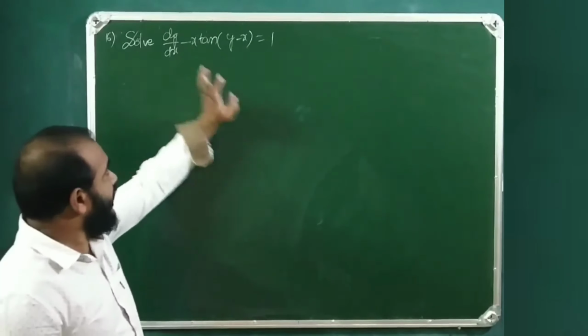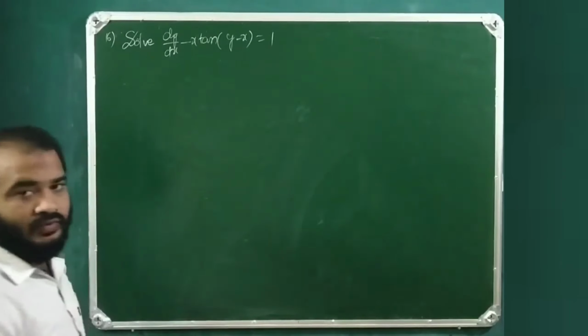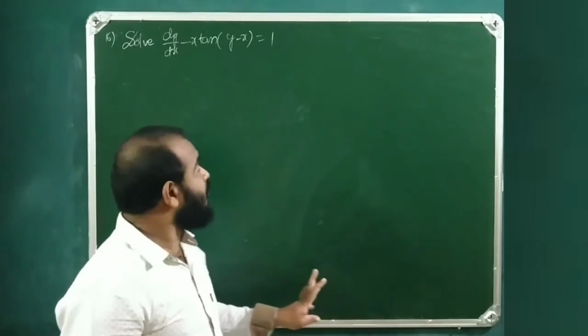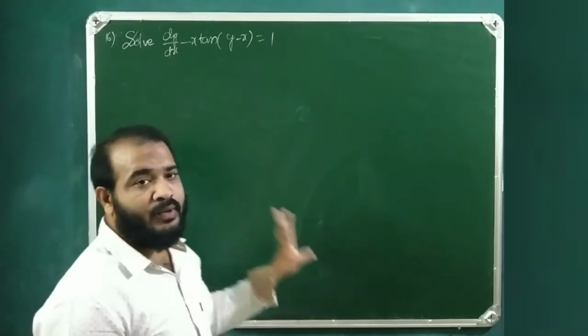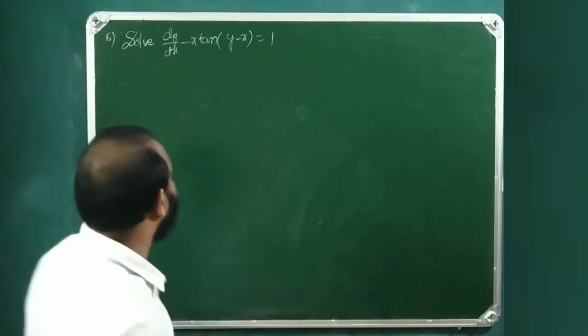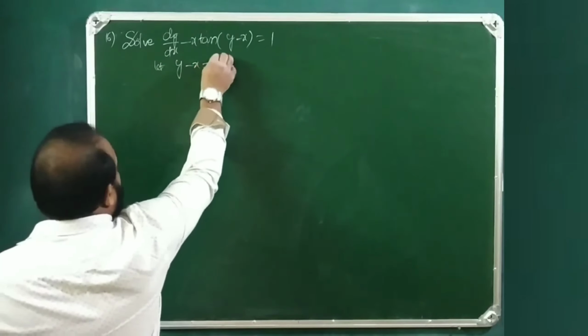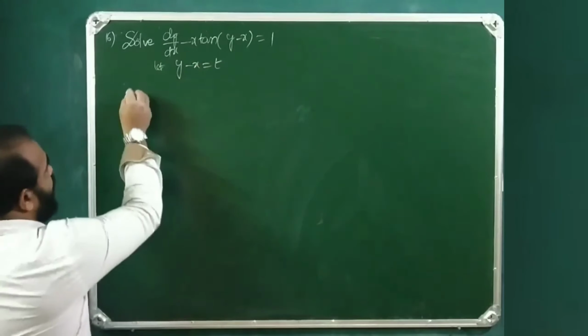Solve dy by dx minus x tan (y minus x) equals 1. This is the last problem from the variable separable method examples. So let y minus x equal t.